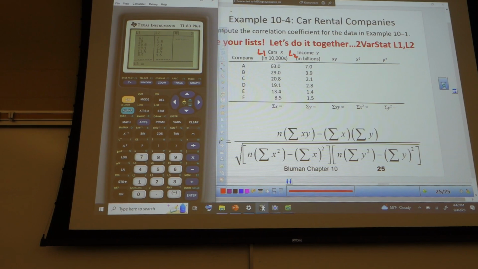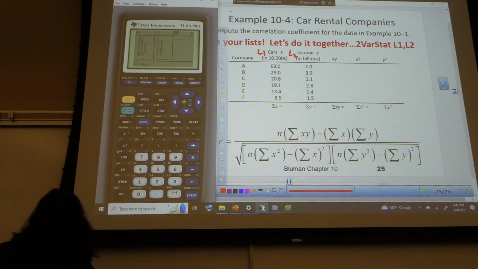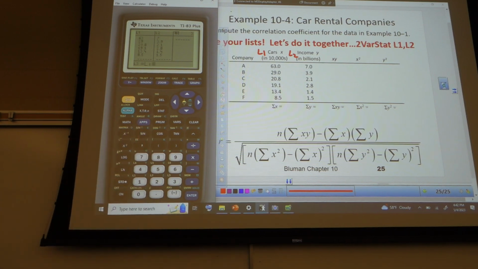I want list 1 times list 2, that's the x times my y. So I'm going to do second L1. You'll see it pop in right there under list 1 at the bottom of the screen. Times second L2. As soon as I hit enter, bam, it multiplies them all for me, which is super cool, right?